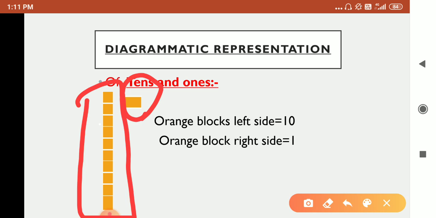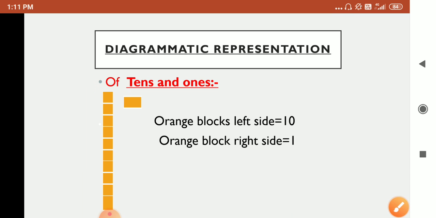So this is nothing but tens and ones. The orange blocks to the left hand side, 1 to 10 blocks together is called tens, and the single block to the right hand side as it is represented is called 1.